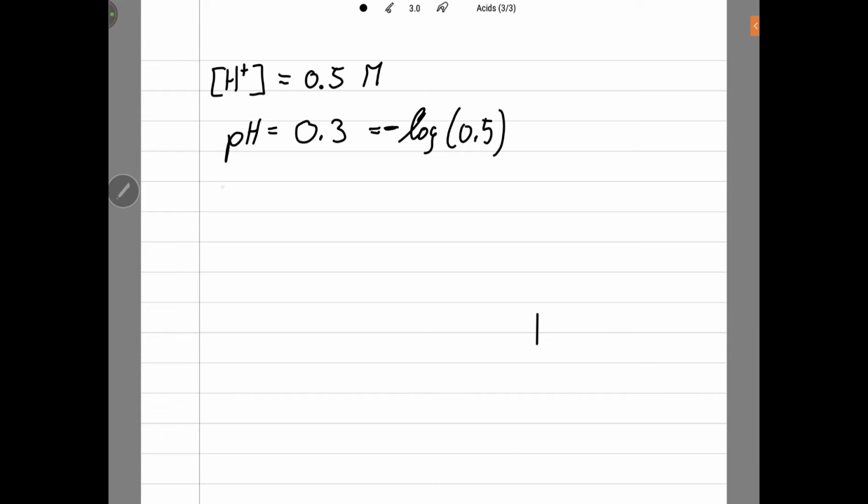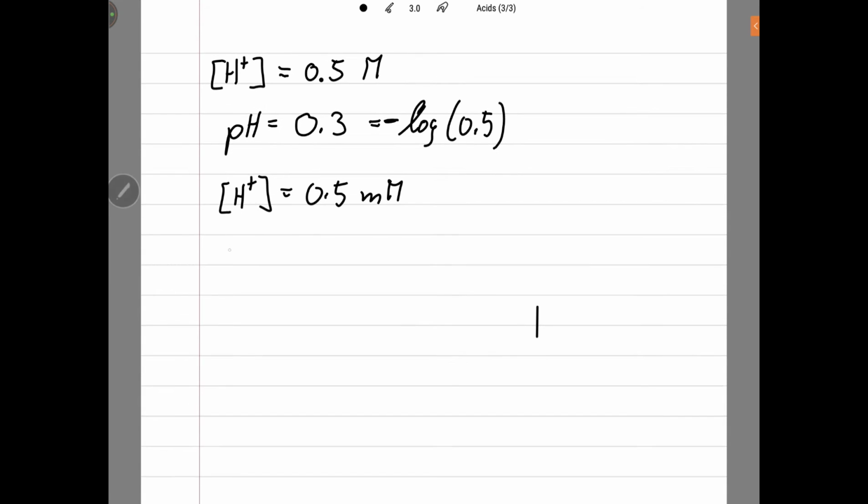What's the pH of 0.5 millimolar? pH equals 3.3.